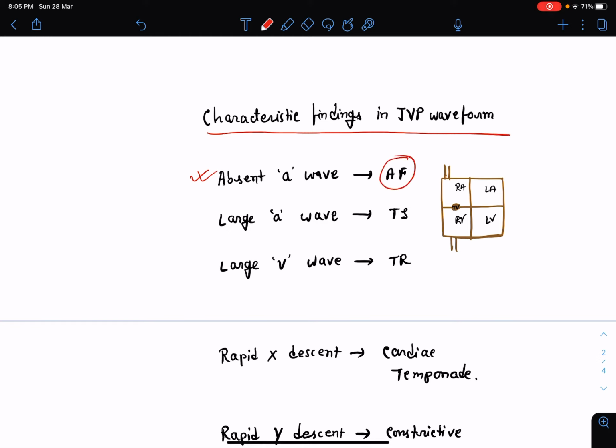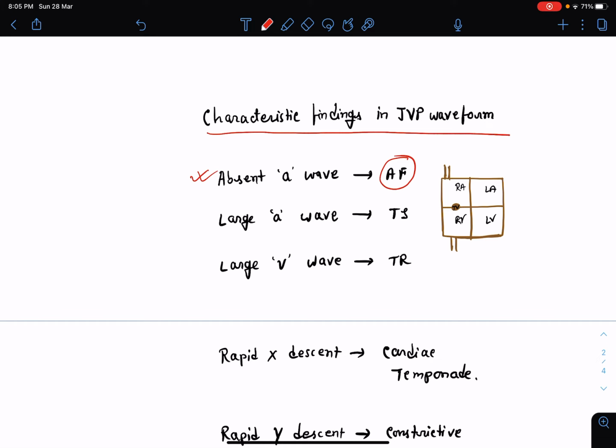I'll tell you why. As we have already discussed, A wave is due to right atrial contraction. Because of right atrial contraction, there is increase in pressure in the right atria, which is reflected back into the internal jugular vein.